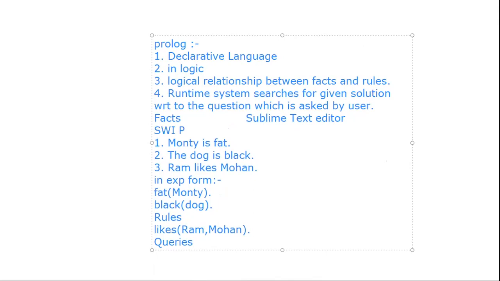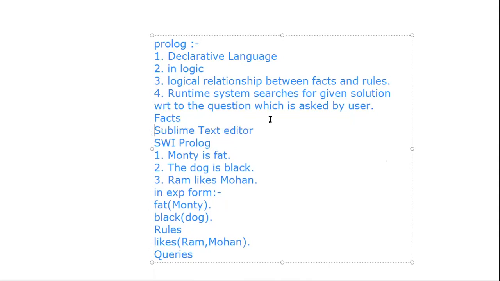So the Prolog IDE is basically required. So these two things are required once we have to deal with certain programming stuff and write some of those rules and the queries.